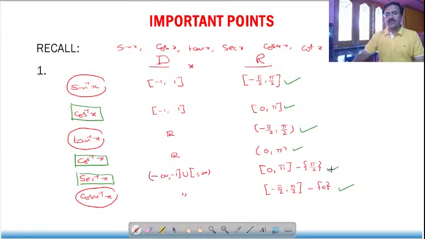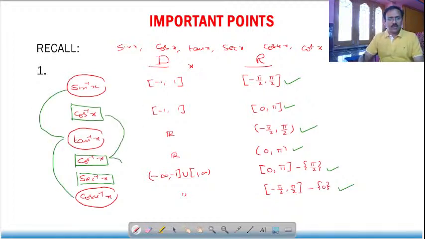So the behavior and formulae will be alike for each of these sets of three functions. This is formula set 1, friends: the domain and range of the 6 inverse trigonometric functions.